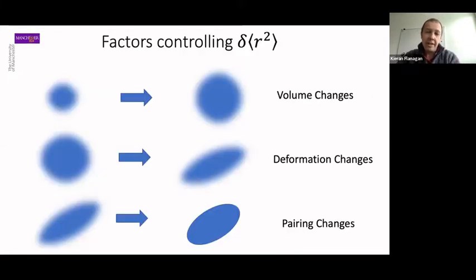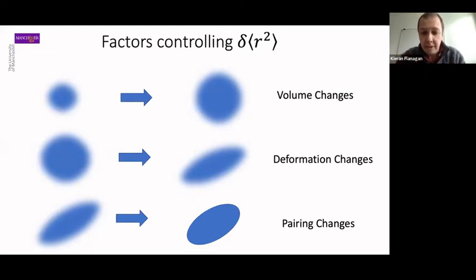So we can break this down into, I'd say, three general influences on the charge radius. So we have volume changes as we go across an isotope chain. As we add neutrons into the system, we expect the neutron wave function to expand. I mean, this is very naive, of course. And we would expect the proton distribution to also expand to minimize energy.